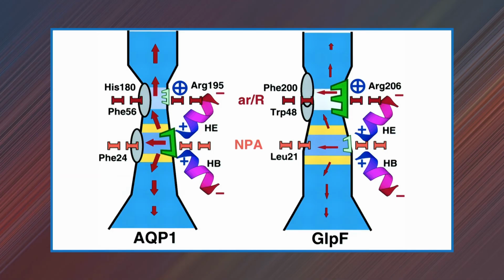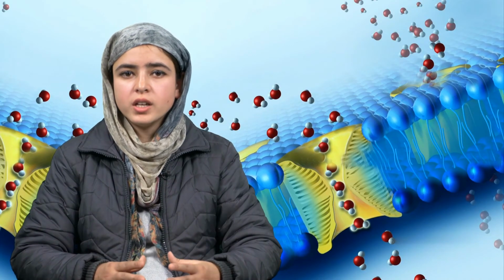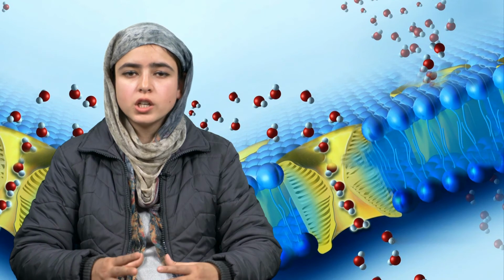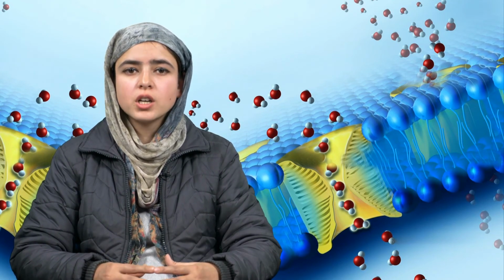It is typically the tight part of the channel. Its narrowness weakens the hydrogen bonds between water molecules, enabling the arginines, which carry a positive charge, to interact with the water molecules and to filter out undesirable protons.